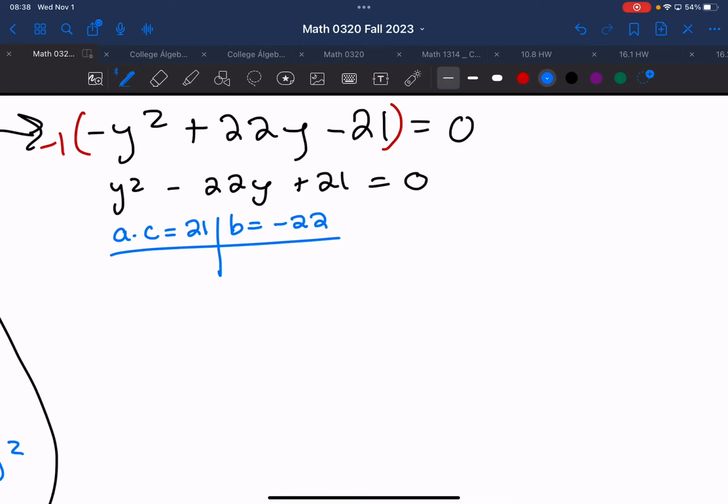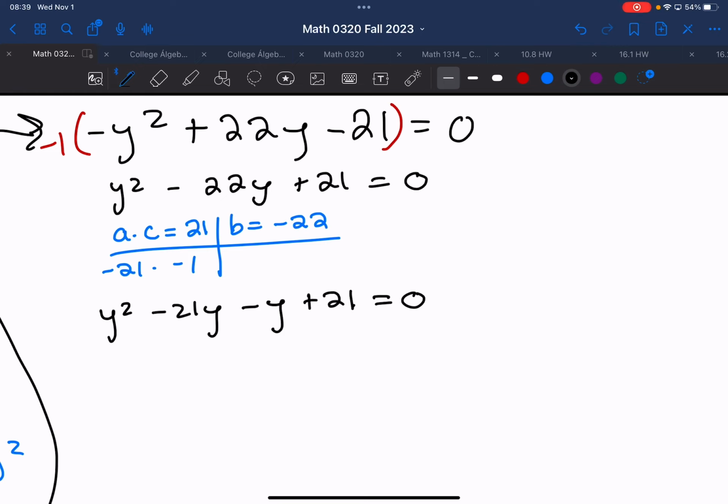What are two numbers that multiply to 21 but add to negative 22? Good, negative 21 and negative 1. So that means I'm going to rewrite my problem as y squared minus 21y minus y plus 21 equals 0.